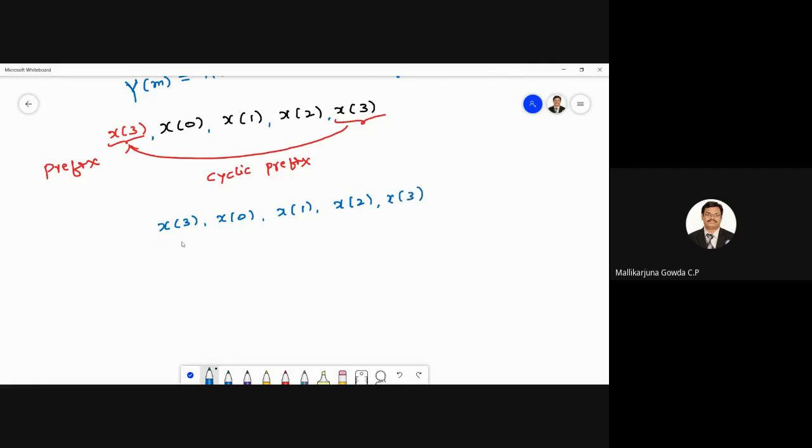So this will be my OFDM symbol block after adding the cyclic prefix.